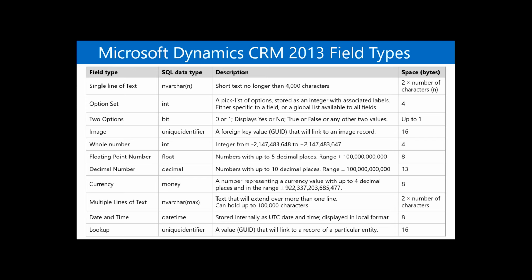So we can add fields where we expect users to type text or type an integer or to enter a date or select the time or what have you. So these again are the field types as per the CRM 2013 version, but apply equally to the latest 2016 version.